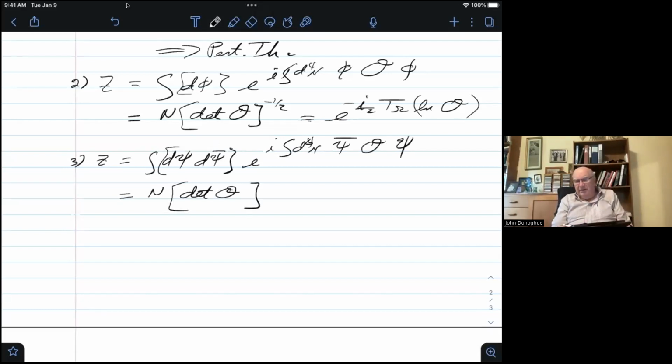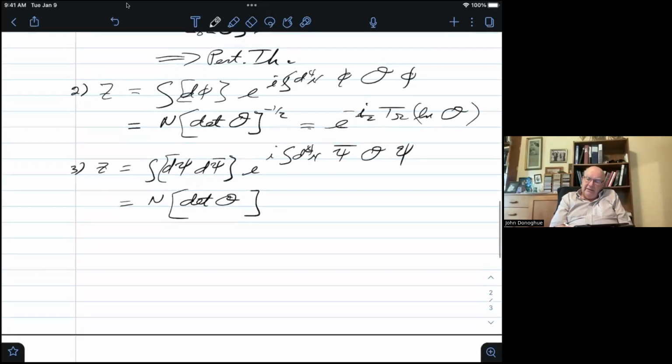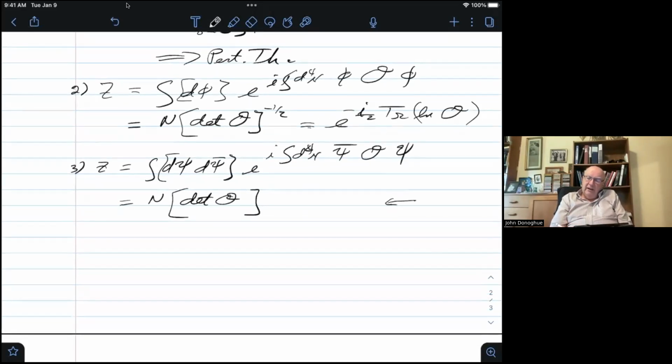So for bosons it goes to the minus 1/2, or if you have two fields, it's minus 1, for a complex field it's minus 1. For fermions, it's the positive power. This is going to get used today in our ghost story.